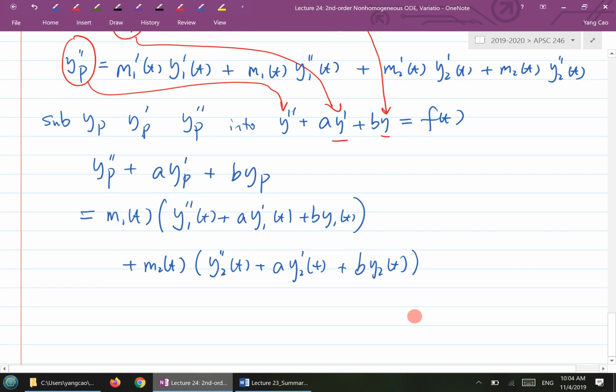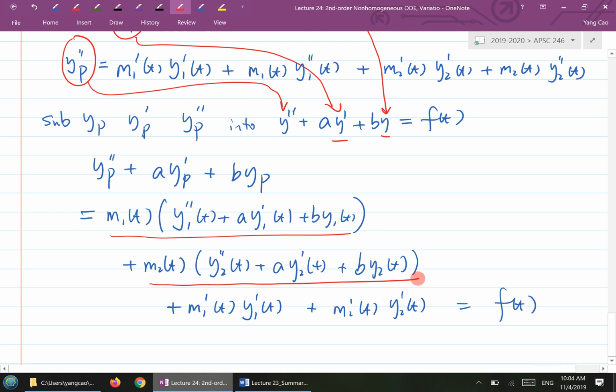And the last term is M1 prime T Y1 prime T plus M2 prime T Y2 prime T. And of course the whole thing equals F of T. Okay, three big chunks after you do the substitution. One over here, one over here, and then the last part is this.